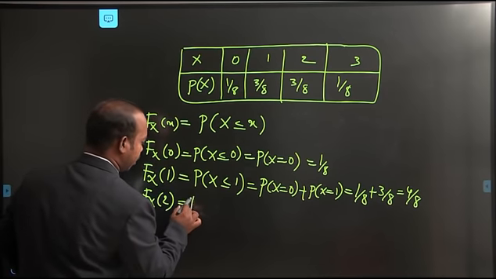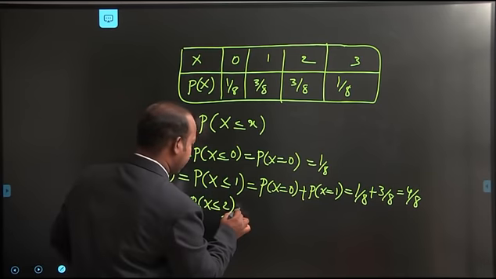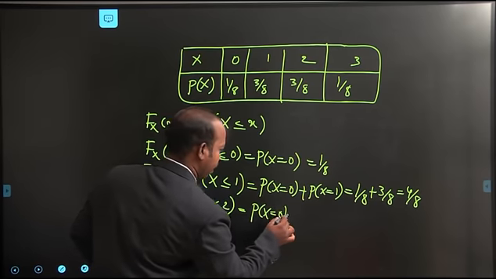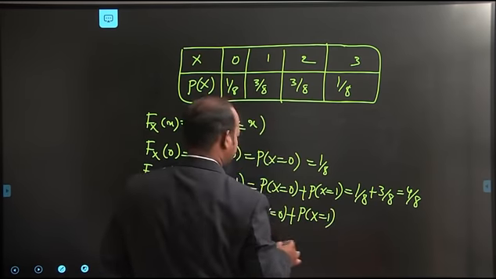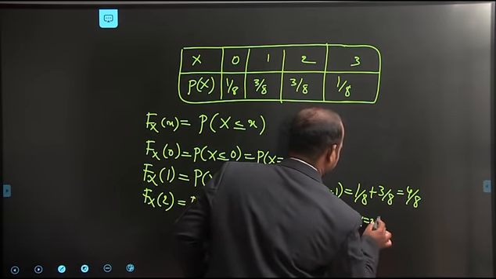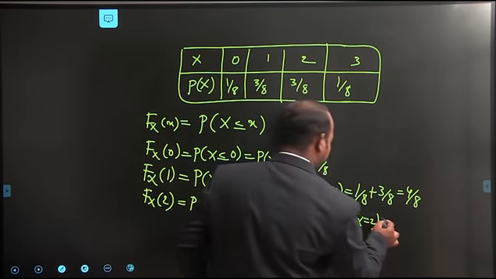Next, you can find the distribution function at 2. The probability of capital X less than or equal to 2 is the probability at x equal to 0 plus the probability at x equal to 1 plus the probability at x equal to 2. Already we found all these values, and those are available in this table.